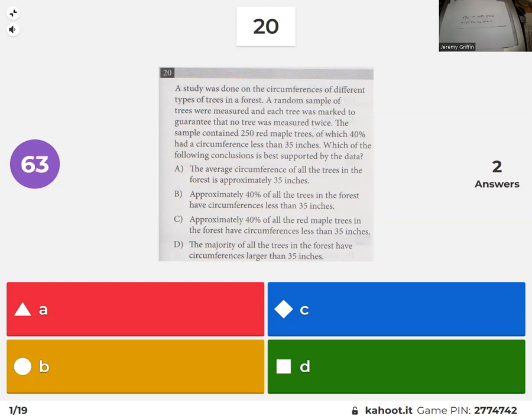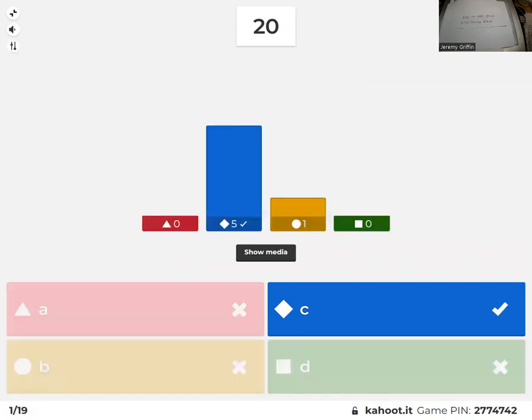A, the average circumference of all the trees in the forest is approximately 35 inches. B, approximately 40% of all the trees in the forest is less than 35 inches. C, approximately 40% of all red maple trees in the forest have circumference less than 35 inches. Or D, the majority of all the trees in the forest have circumference larger than 35.